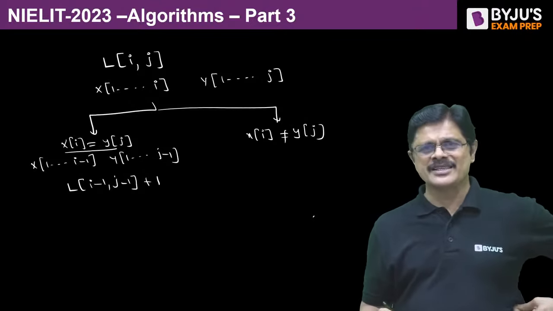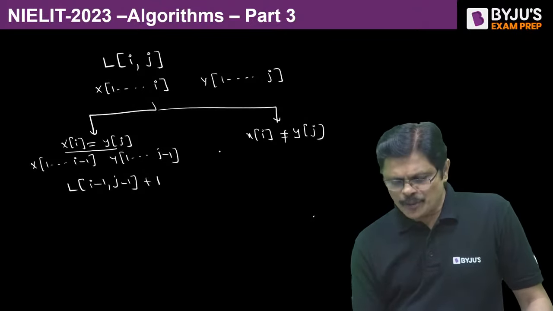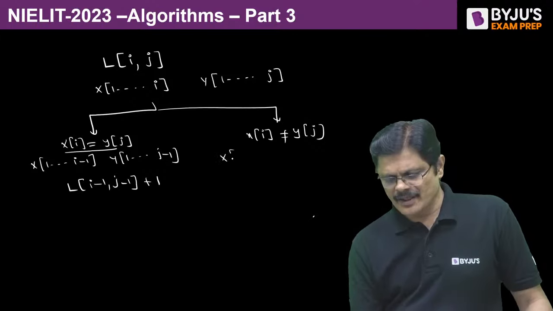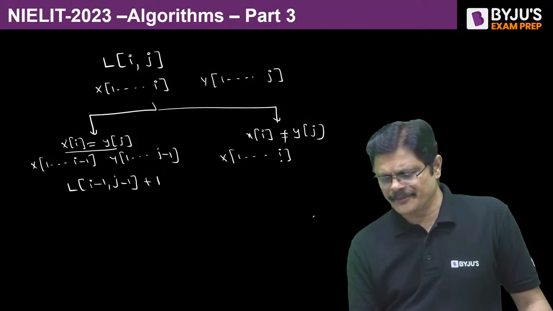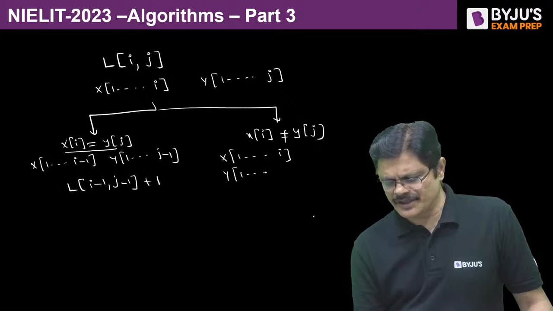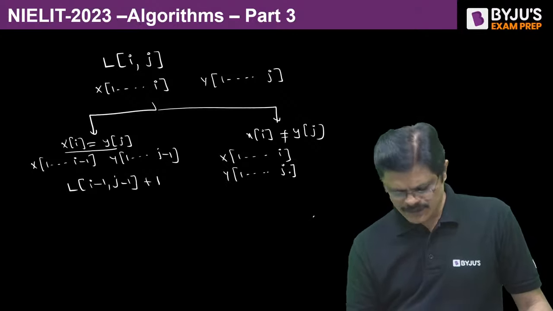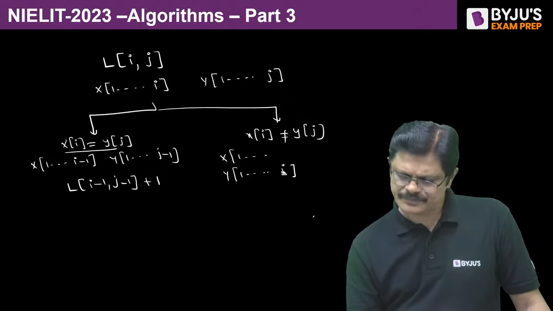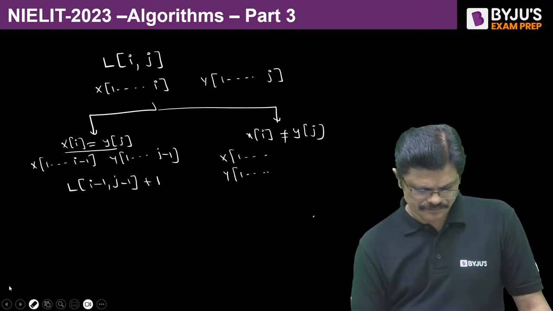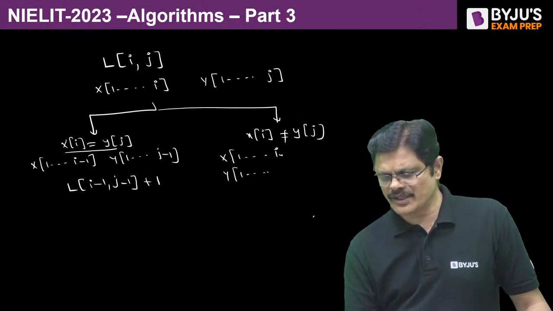If they do not match, there are two possibilities. With X1 to i minus 1 and Y1 to j, or X1 to i and Y1 to j minus 1.